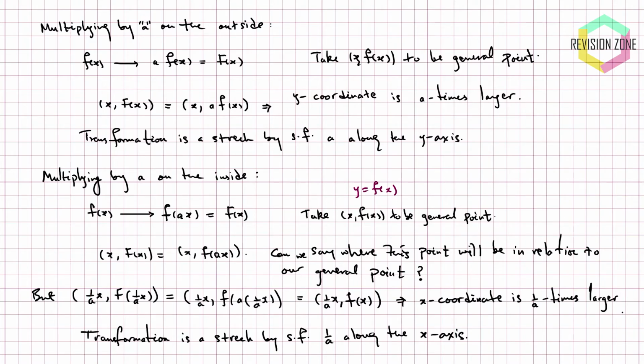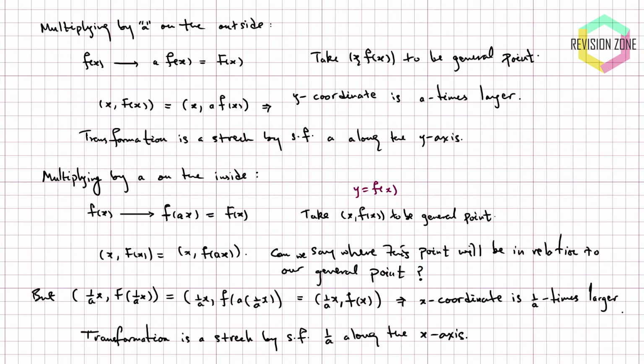Okay, so when I make that choice, I put that into my function capital F of x, but then my function capital F of x is defined very explicitly here, which is you take the lowercase f, you multiply whatever the input of capital F is by a, and then you evaluate the lowercase f. And when I do that, I see that the two a's are going to cancel. And so my general point on capital F is going to be x divided by a, and then the y coordinate is going to be just lowercase f of x.